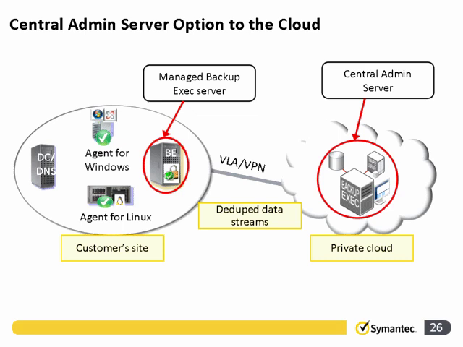I can do central administration servers to the cloud. The easiest description of this is if I am a managed service provider and I provide services to lawyers' offices so they don't have to have IT staff, and dentist offices so they don't have to have IT staff. What I can do is in my data center install the Central Admin option, and in the lawyer's office install a managed Backup Exec server, and in the dentist office install a managed Backup Exec server.